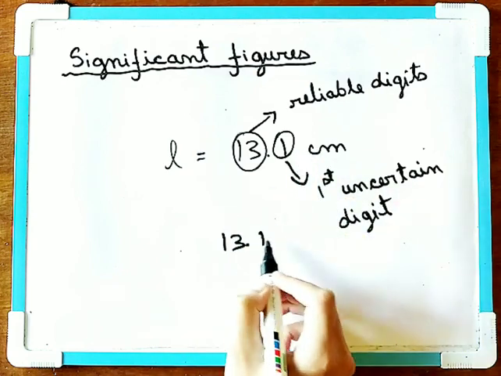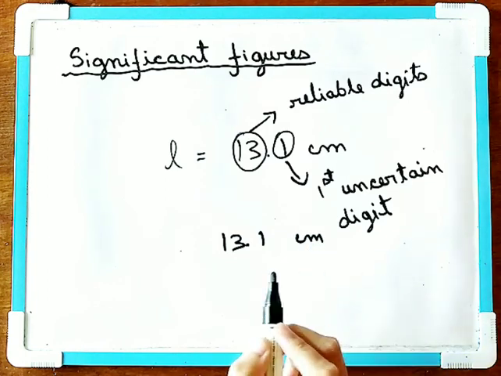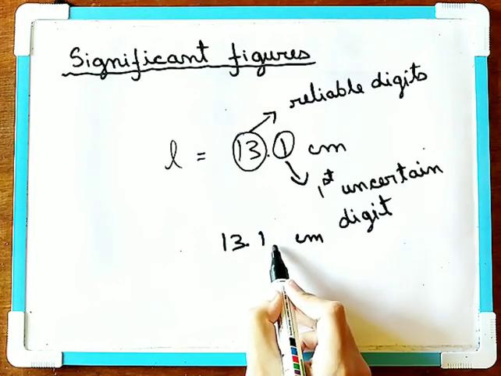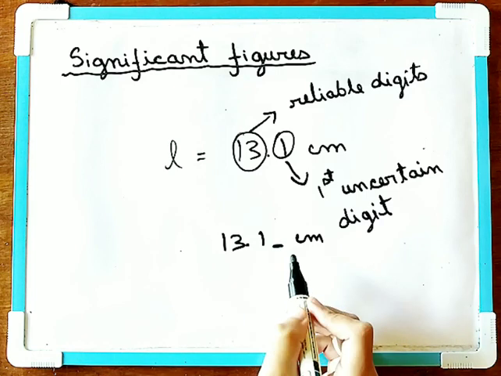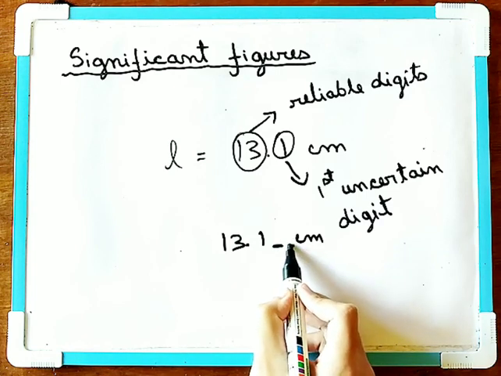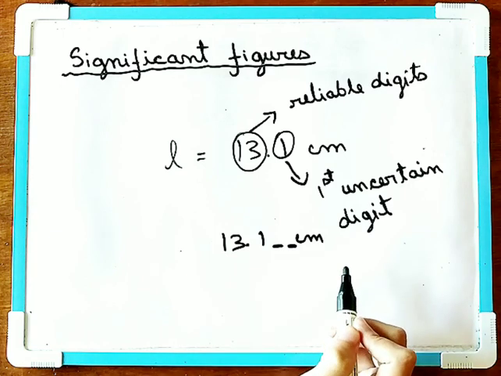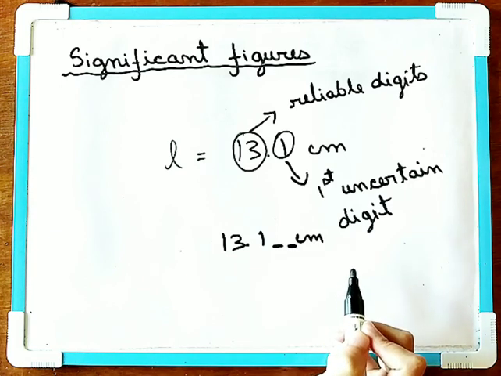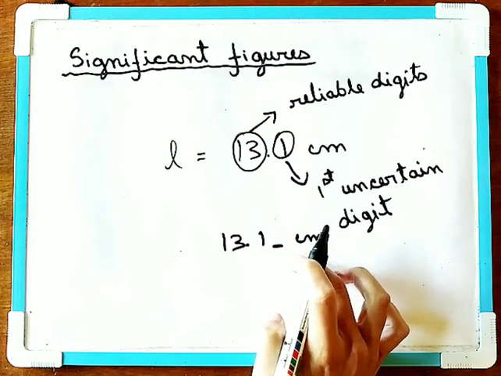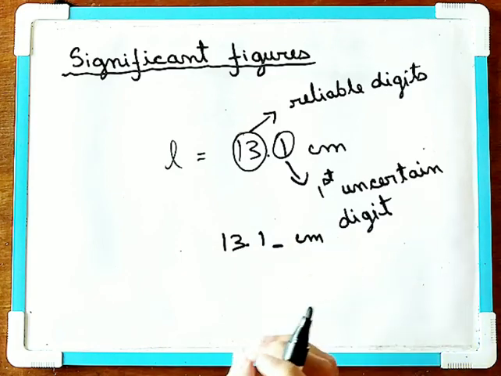Here you have 13.1 centimeter using the regular scale, but using a vernier caliper, I can get another significant figure. Using a screw gauge, I can get yet another digit. So using a vernier caliper, I can measure the length of any object up to 4 significant figures.